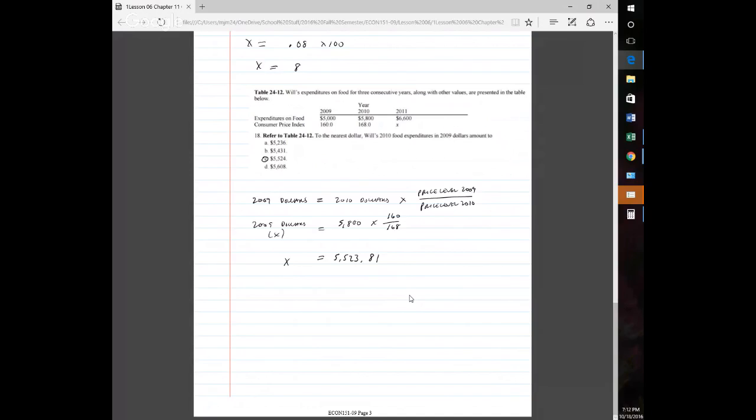Well, basically I used kind of the same formula that we just talked about in 17, and so I took my $5,000 and I multiplied, and then I divided the 2010 CPI from the 2009.